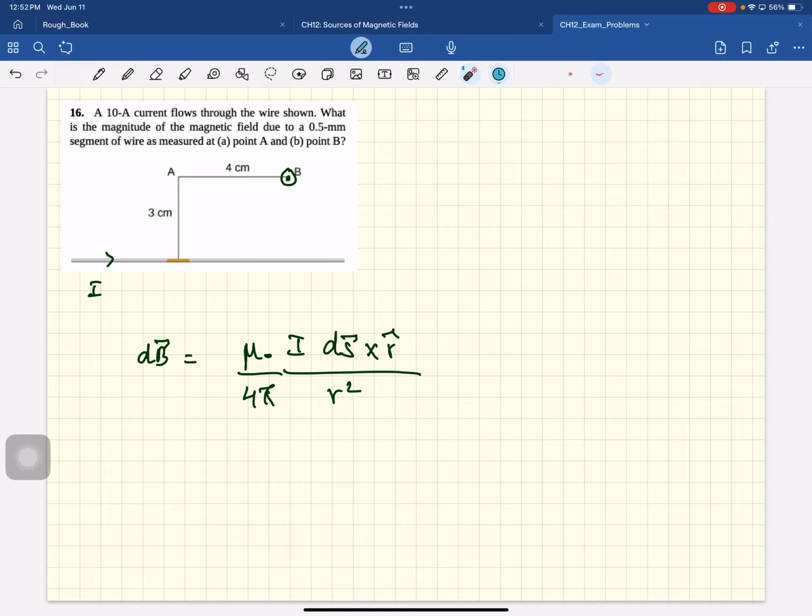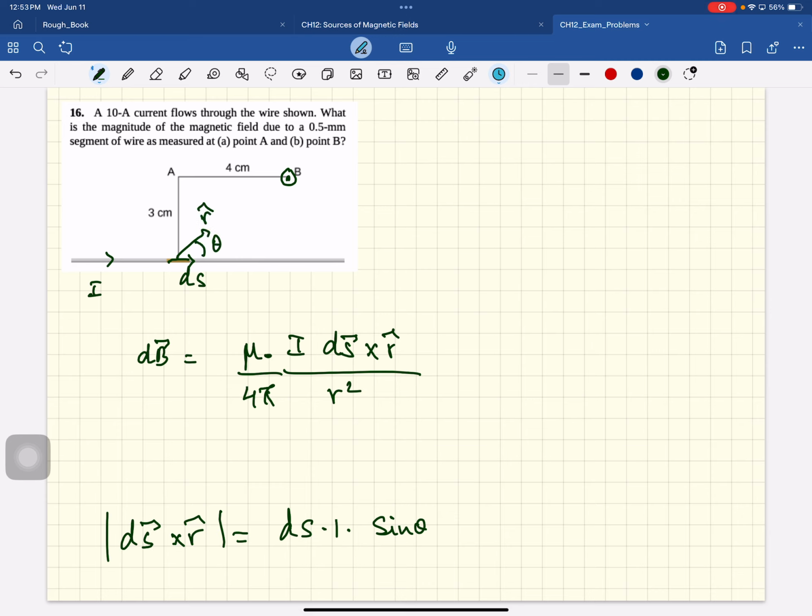What is the cross product of the vectors? The magnitude of the cross product is magnitude ds, magnitude r hat is 1, times sine theta. ds is that, r hat is that, and this is theta. This theta is equal to this theta.